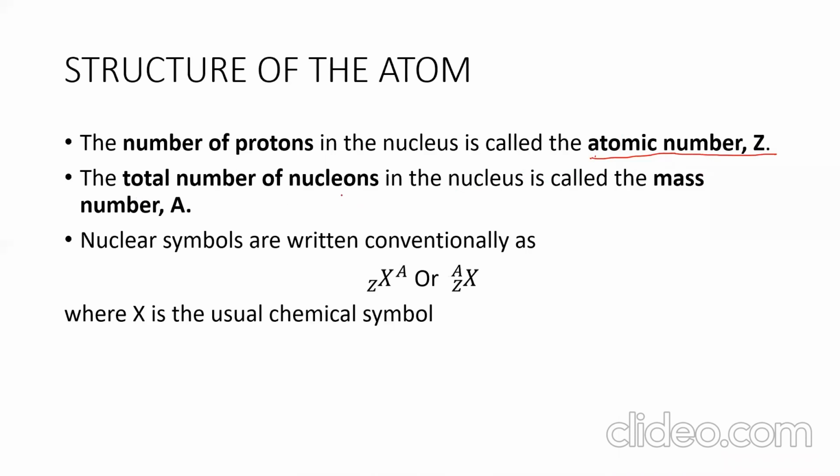And the total number of nucleons, meaning number of protons plus number of neutrons in the nucleus, is called the mass number A. A is equal to P plus N, protons plus neutrons. Remember, Z is equal to the number of protons, and A is equal to the number of protons plus the number of neutrons.